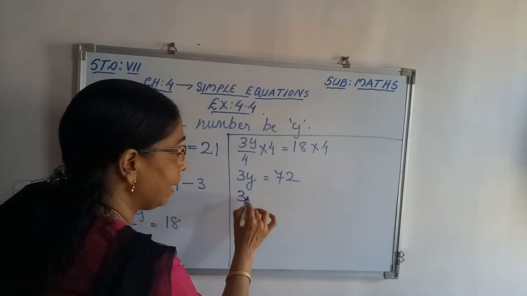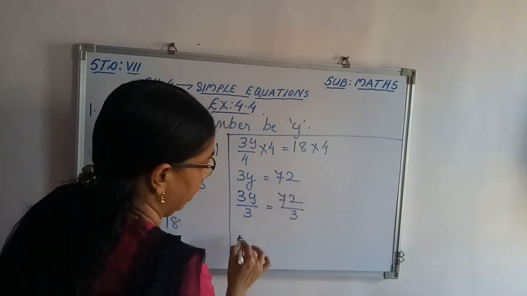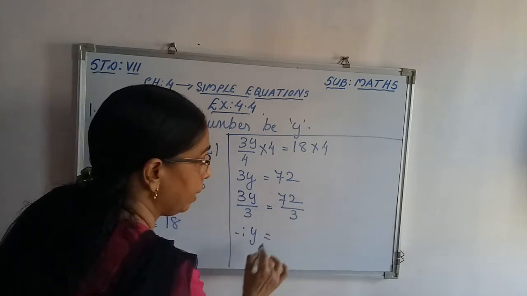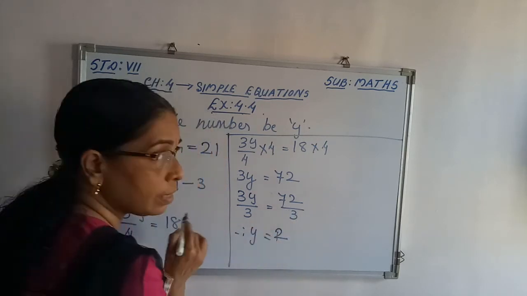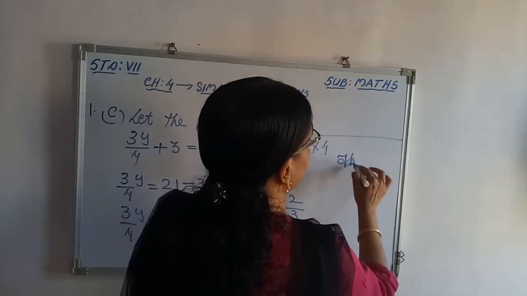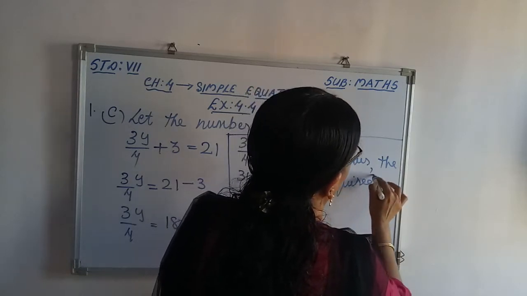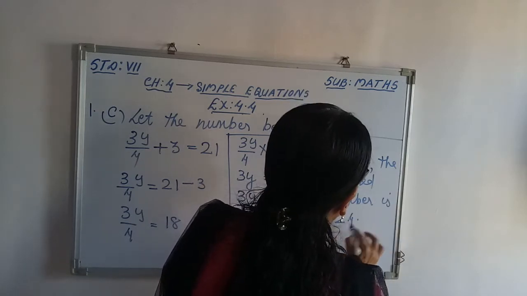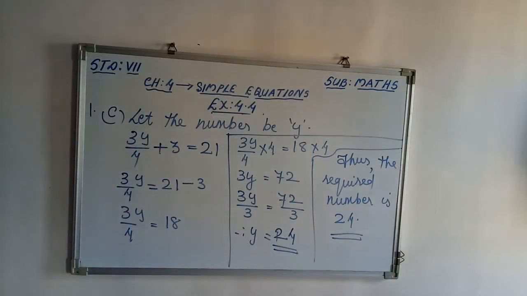Divide both the sides by 3. 3y upon 3 is equal to 72 upon 3. Therefore, y is equal to 72 divided by 3. Sorry, 3 2s are 6, then 1, 24. Okay. So we can write thus the required number is 24. That is the answer. Thus, the required number is 24.